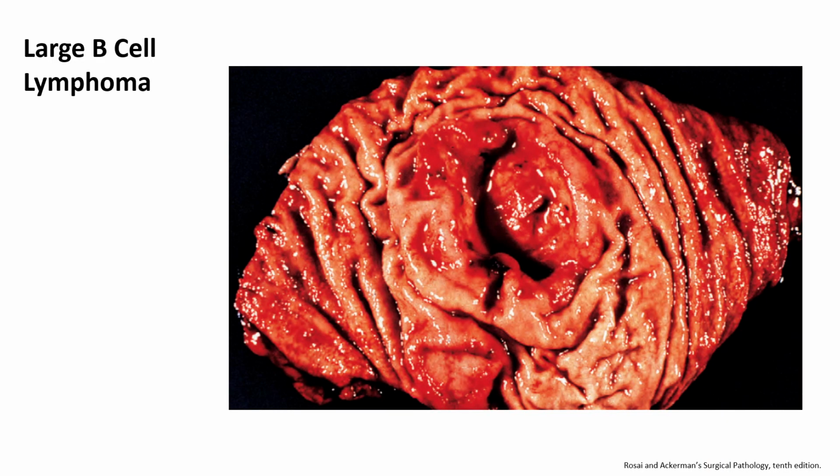This is a picture of a diffuse large B-cell lymphoma forming a large ulcerated mass. Just by looking at this picture, you cannot tell if this mass corresponds to adenocarcinoma or a diffuse large B-cell lymphoma grossly. You need to examine it under the microscope to be able to know what type of gastric tumor this is.